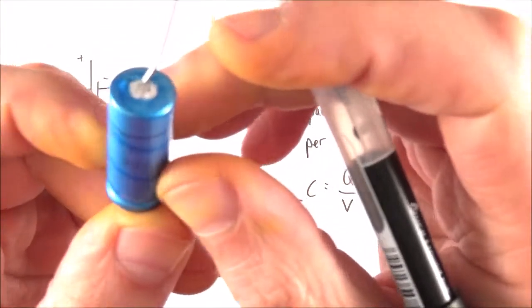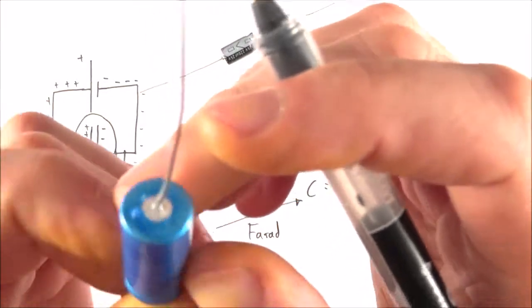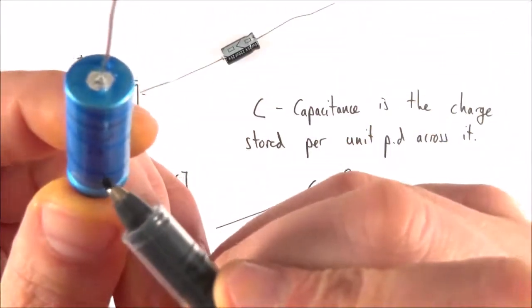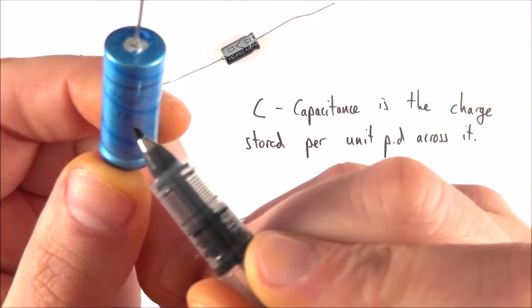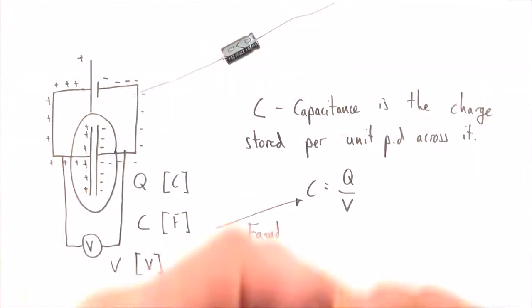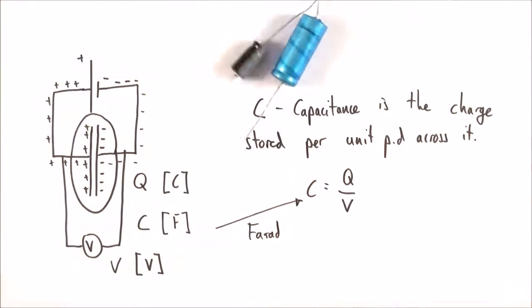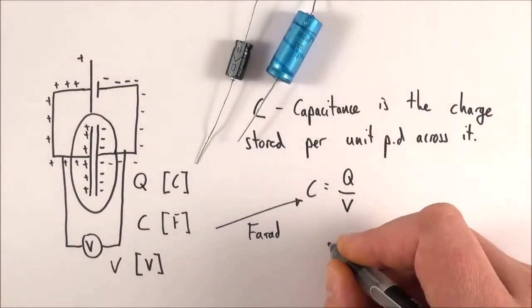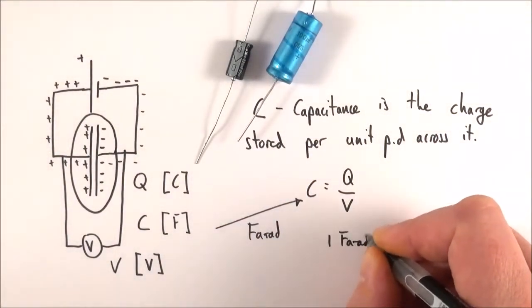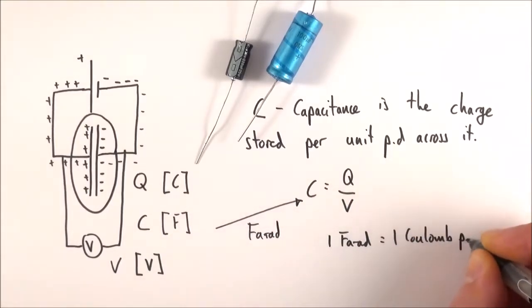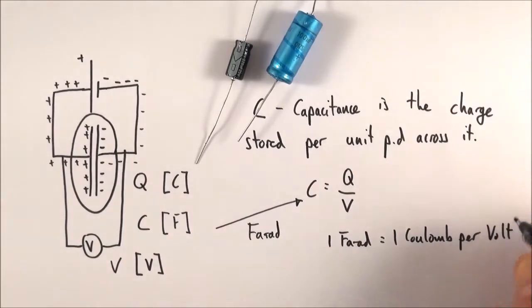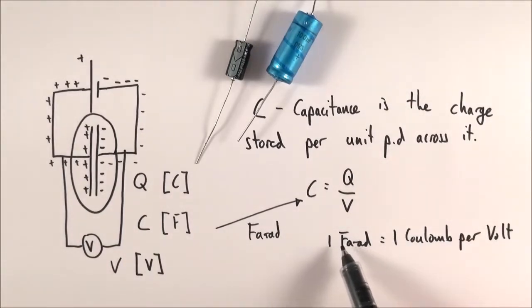So this thing here, even though it's rated up to maybe 63 volts, so quite a high voltage you can apply across it, the actual capacitance is only microfarads, so not much at all. What else do we know about this? Well, we also know that 1 farad is the same as 1 coulomb per volt. And that gives us our definition of what the unit of capacitance truly is.